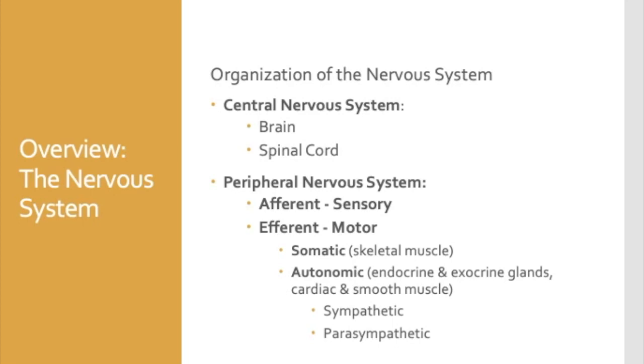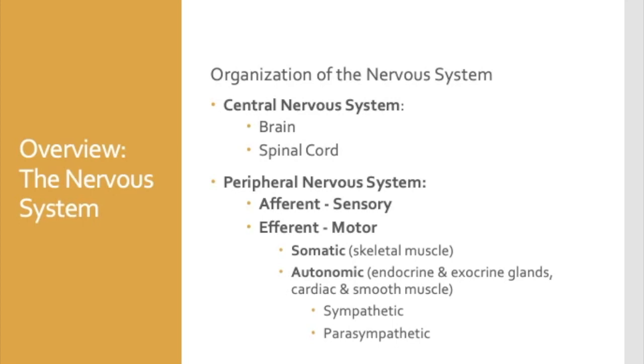When you hear this word somatic, think voluntary. Somatic pathways are the kinds of motor pathways that are under voluntary or conscious control. So these are the kinds of neural pathways that innervate our skeletal muscles.